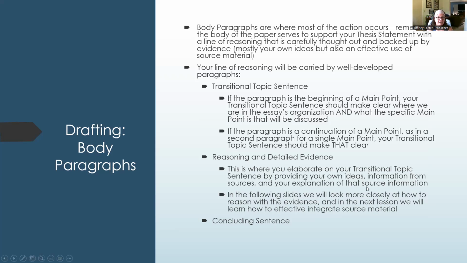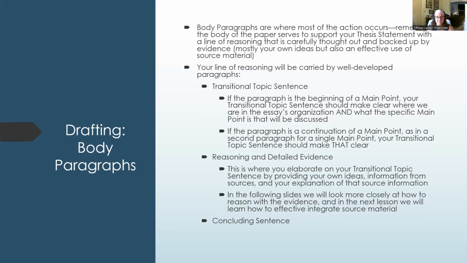You want reasoning and detailed evidence in these body paragraphs. This is where you elaborate on the transitional topic sentence. You provide your own ideas, then you provide information from a source, and then you follow up on that information and explain it and connect it to the main point you're making.